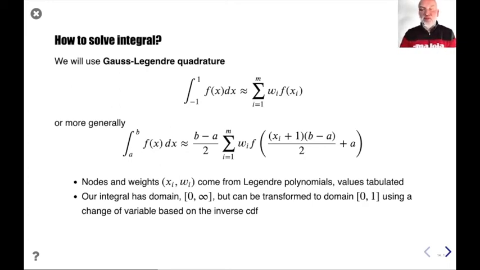So there are m of them, and as you increase the number of nodes and weights, the approximation is going to be more precise. Formally, this will perfectly approximate the integral if the function can be approximated by a 2n minus 1 degree Legendre polynomial.